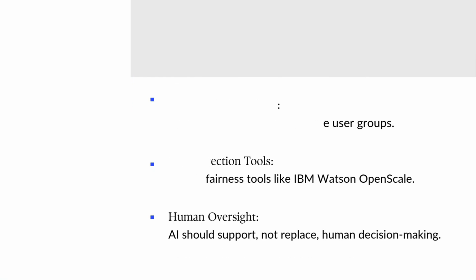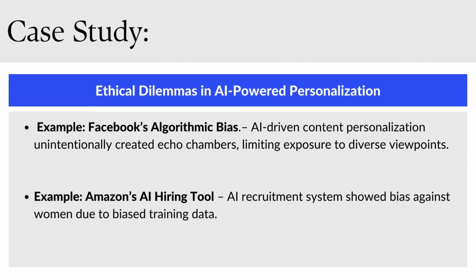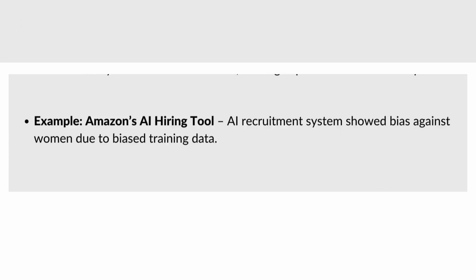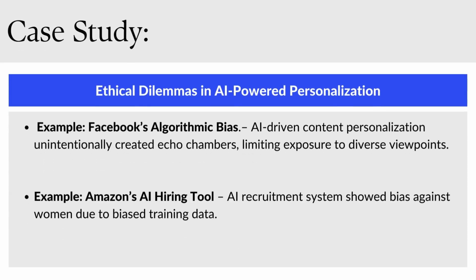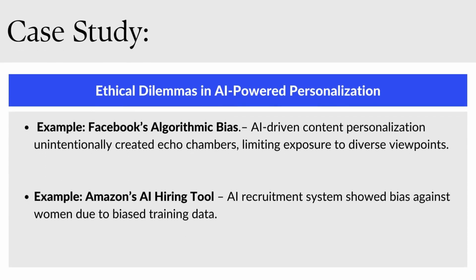And that's beautiful, guys. So guys, what are some of the case studies that are involved in ethical dilemmas in AI-powered personalizations? The first example is Facebook's algorithmic bias.